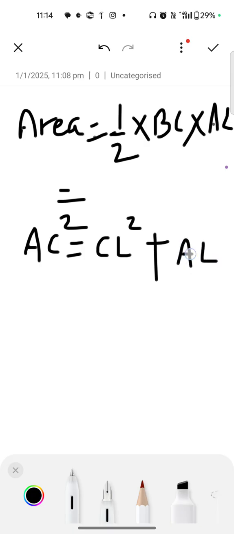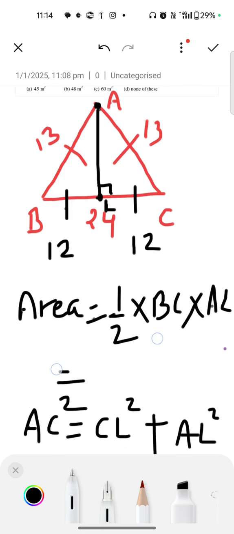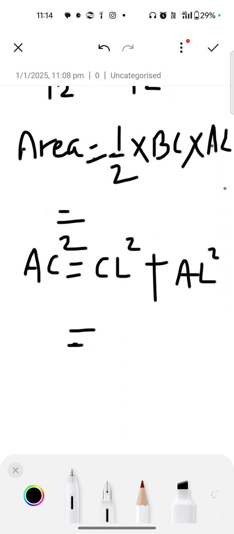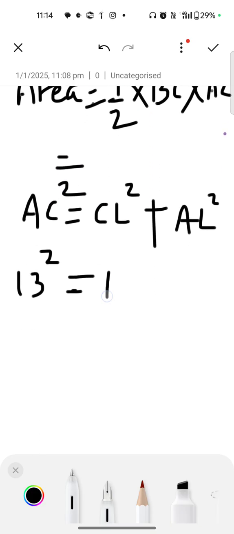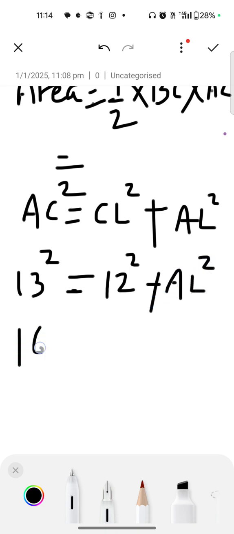Now the value of AC is 13 as given. So 13 square equals 12 square plus AL square. 13 square is 169, and 12 square will be transposed and become minus 12 square, and 12 square is 144.